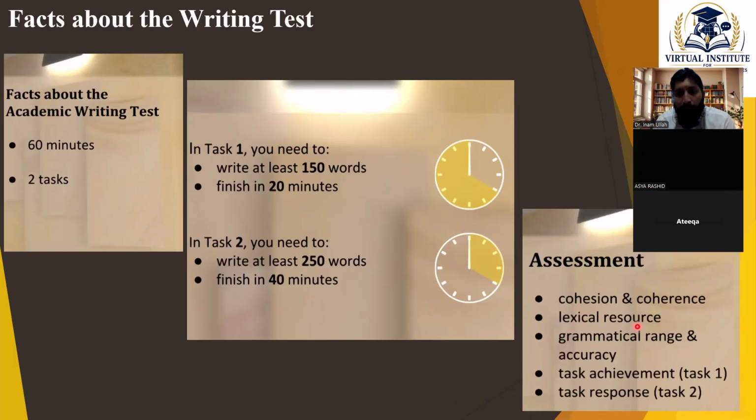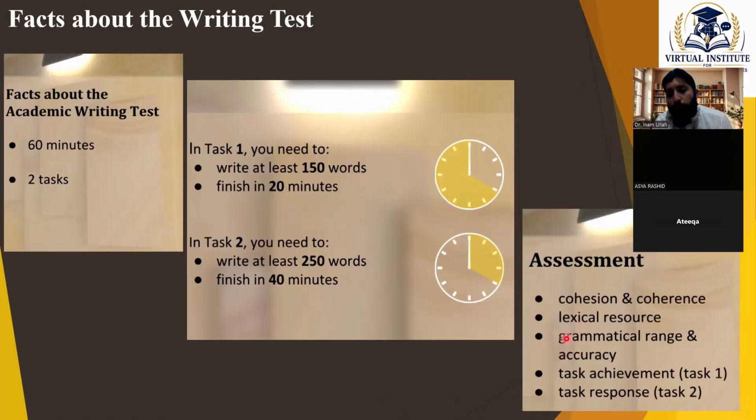Similarly, you will also be assessed on the basis of lexical resource. Now, I believe and I hope that both of you understand what a lexical resource is. Lexical resource means the range of vocabulary, right? How many words do you have? How much variation can you bring to your essay, right? So this is what you call the lexical resource.